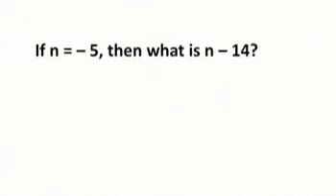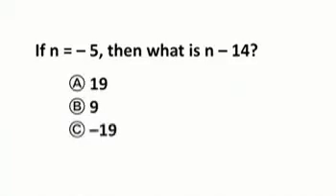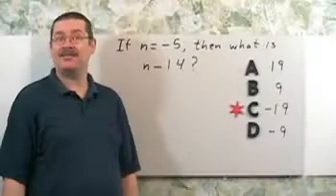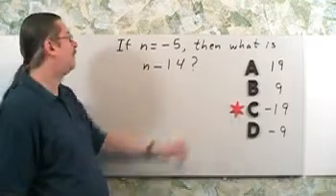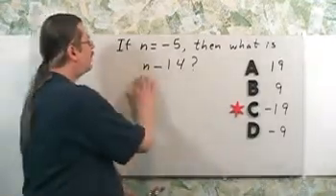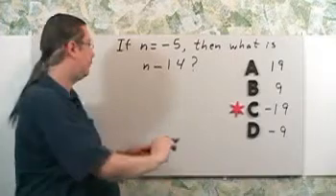If n equals negative 5, then what is n minus 14? The answer is just going to be negative 19, which is answer C. To get that, I'm going to write this as a template.